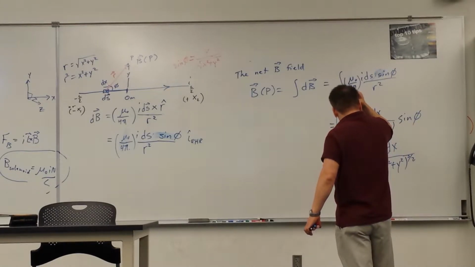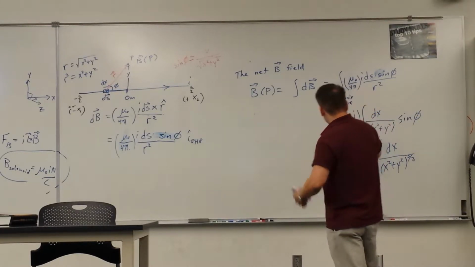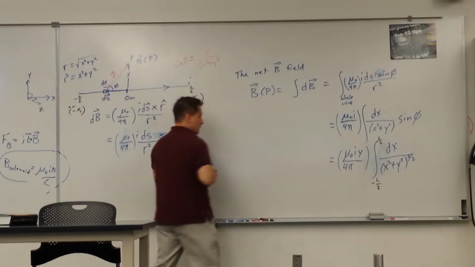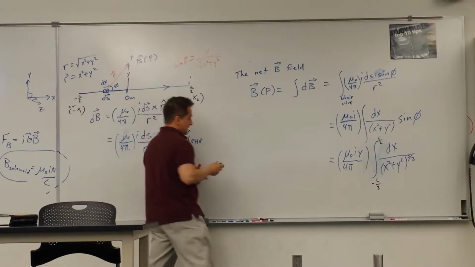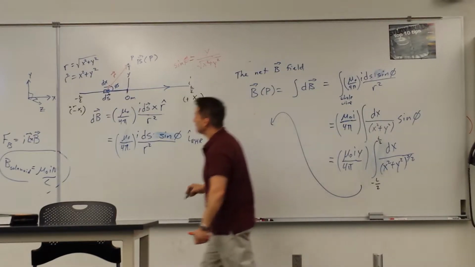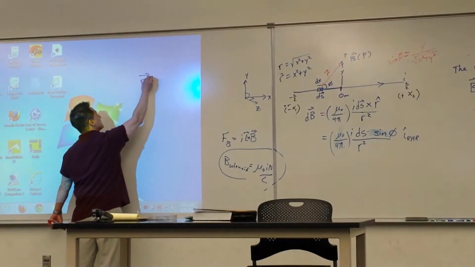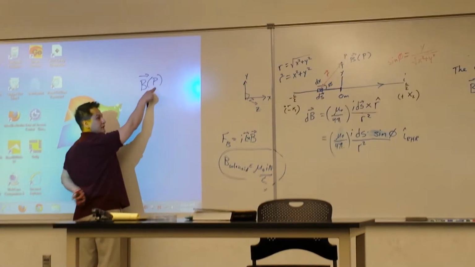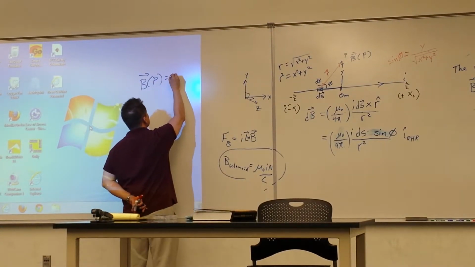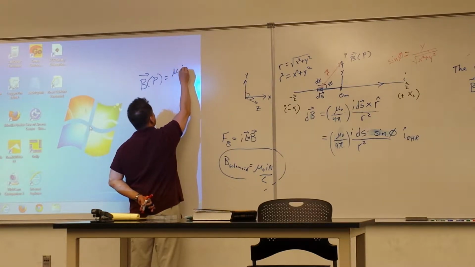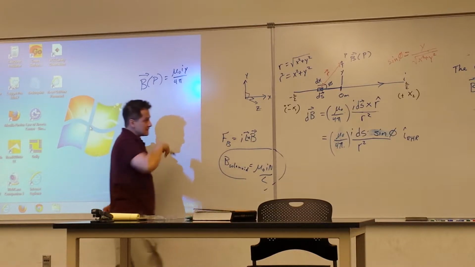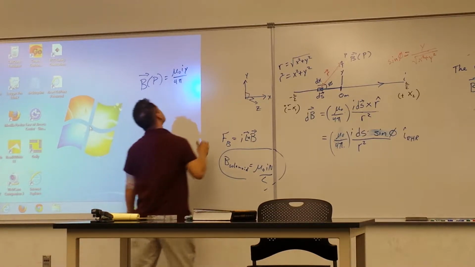I'm going to throw a memory out here, and I'm probably going to be wrong, so if necessary, correct me. Based on this, the magnitude of the field at any point P should be related to mu naught I y over 4 pi times this integral.